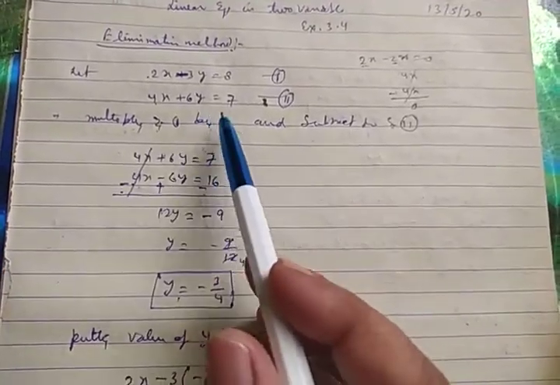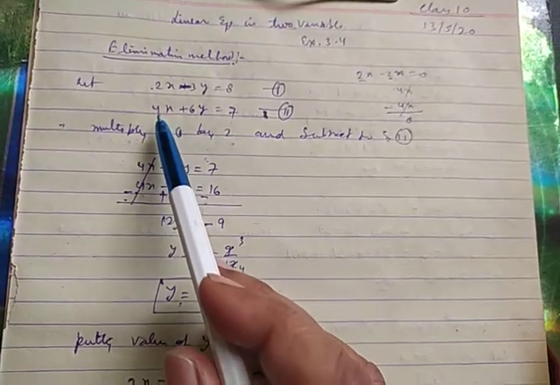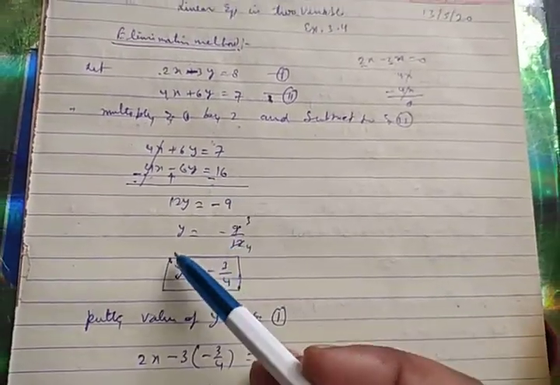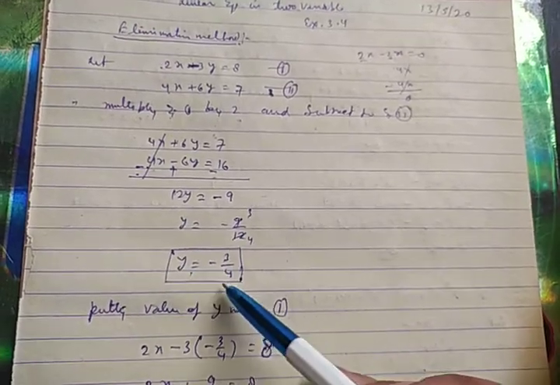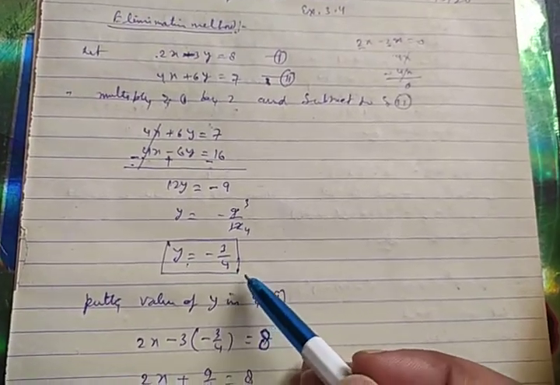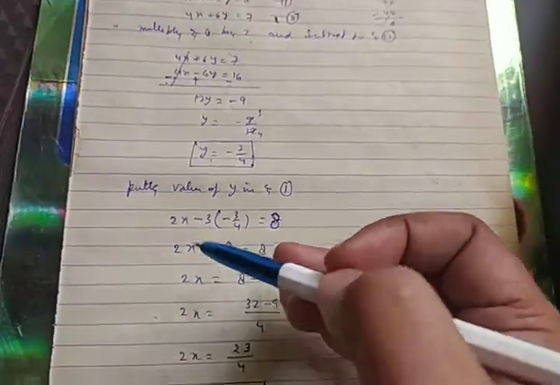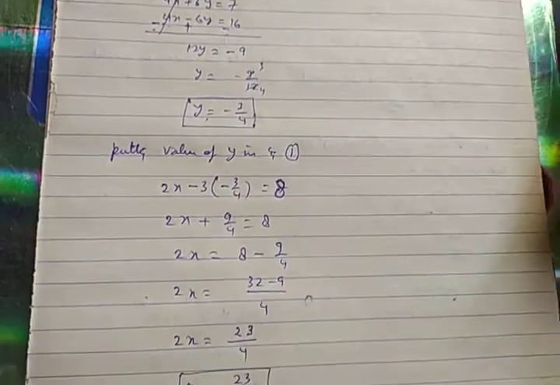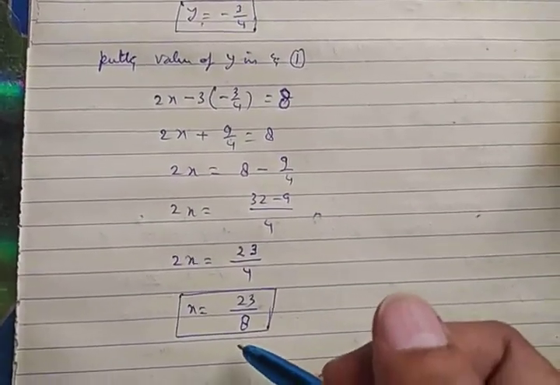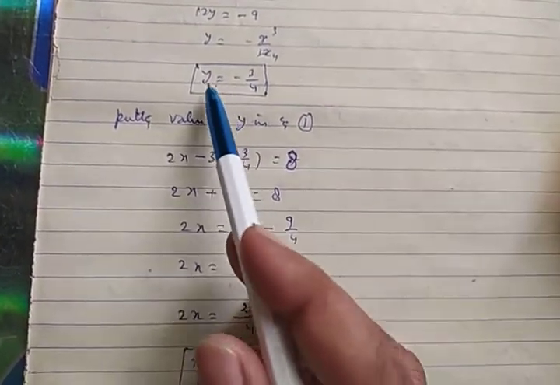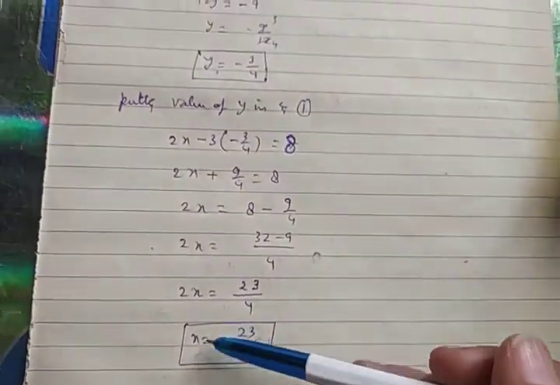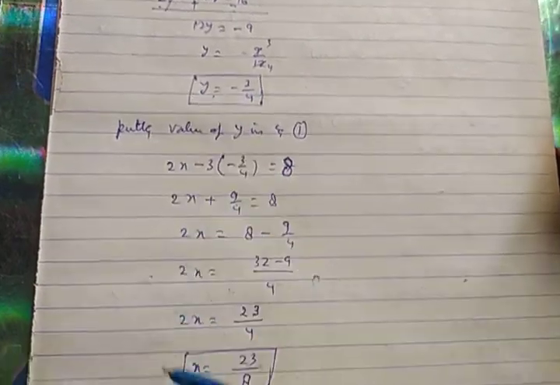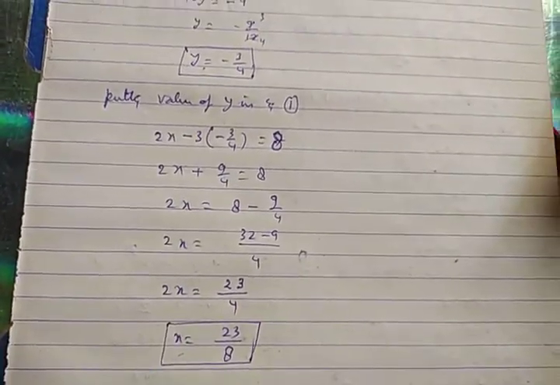First you will equate the coefficients, if they are not equal, then addition or subtraction will take place. One variable will be cancelled and you will find the value of the other, and by putting that value into equation 1 or 2, you will obtain the value of the other variable. I have got y here, then x you will get. Suppose in the second variable cancellation you get x here, you will get y. This is the whole process.